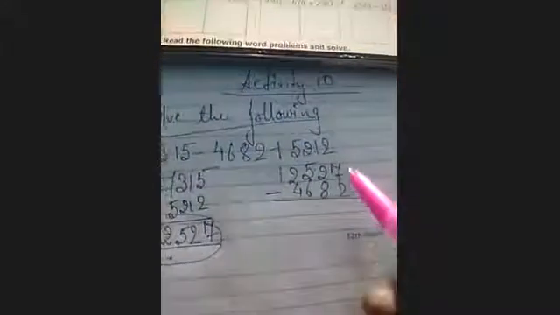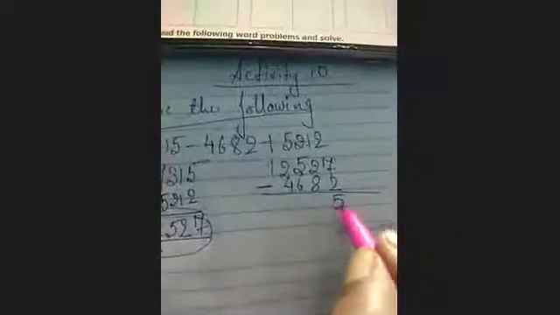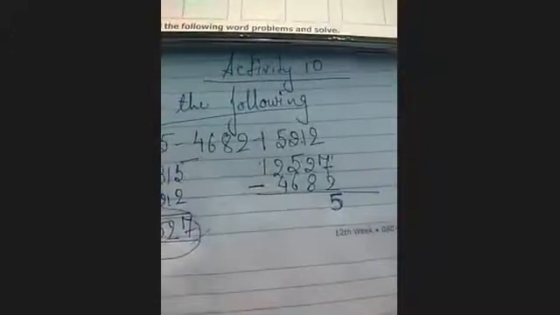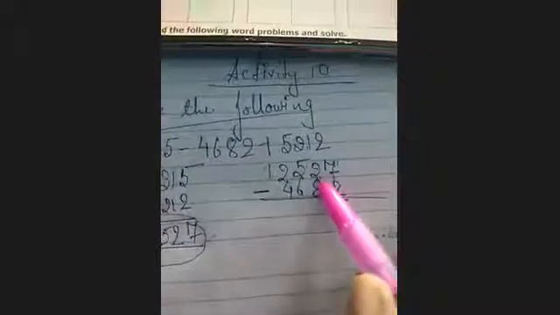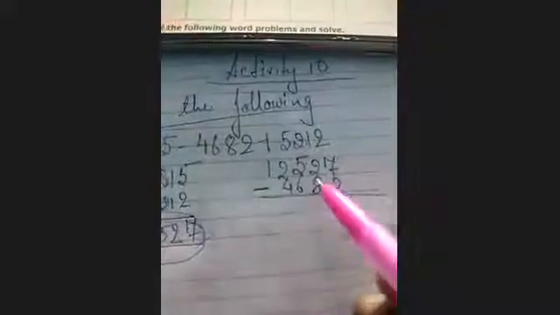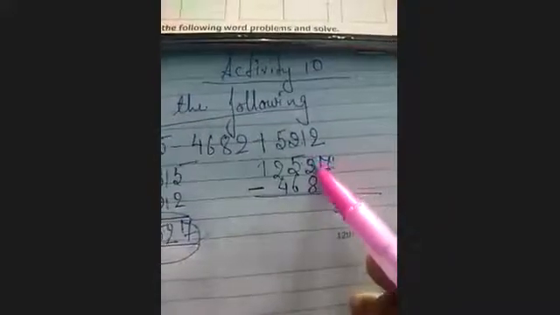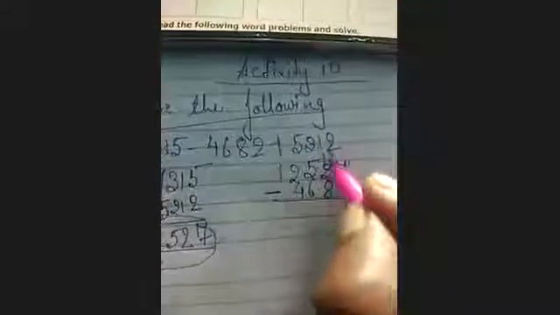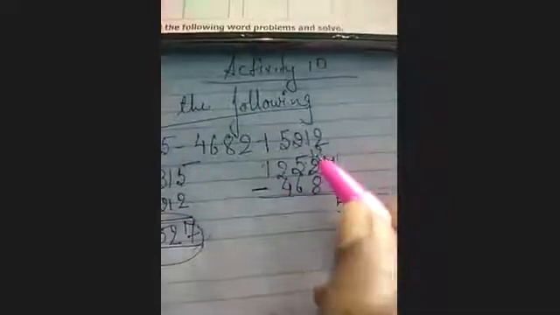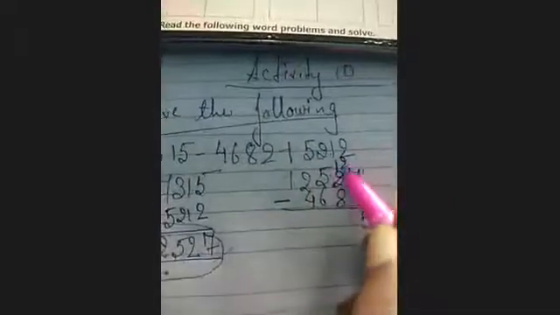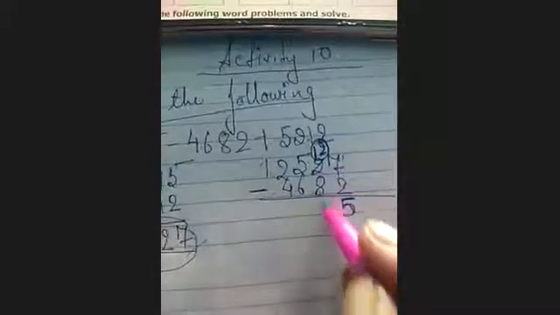Now subtract. 7 minus 2 equals 5. Here it is 2. 8 cannot be subtracted from 2. So we will borrow 1 and it will become 12. Now 12 minus 8 equals 4.